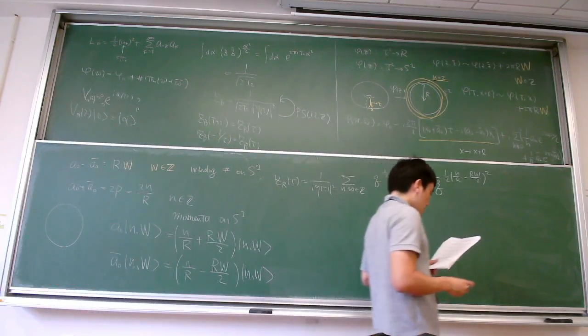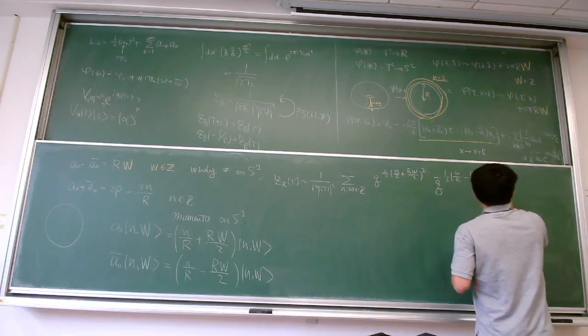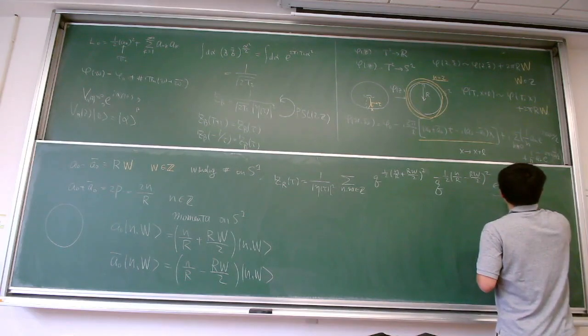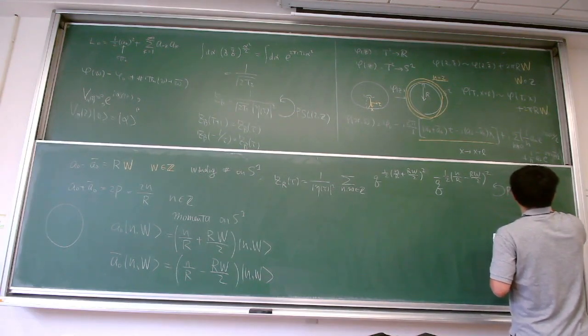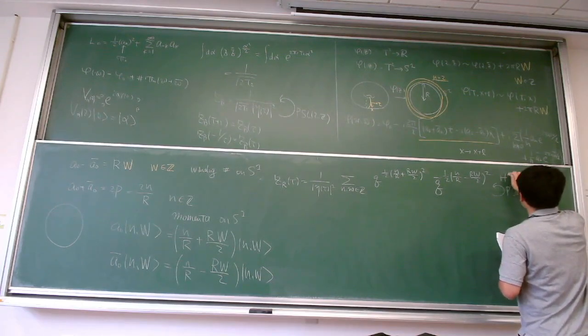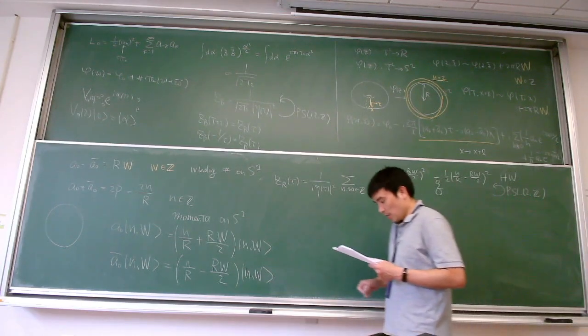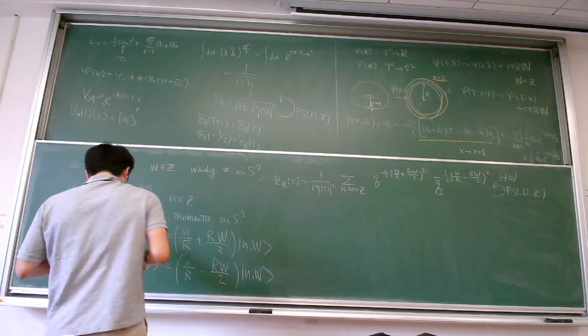And in fact, this is indeed invariant under PSL2Z, and to check this one is homework. You have to use the so-called Poisson resummation formula.